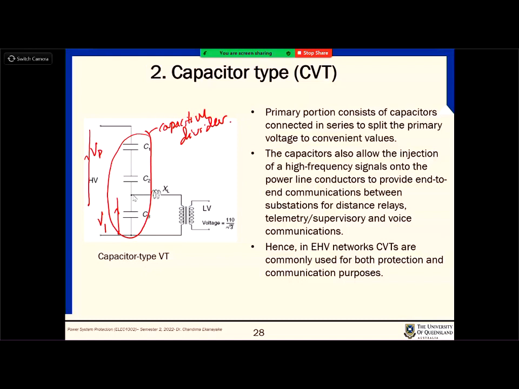Now a smaller voltage applies to this transformer, and then we measure the voltage at the output, right? So here 110 divided by square root 3, the reason is that the line voltage is 110, but what we measure here is the phase voltage, right? This sort of arrangement is very common in extra high voltage arrangements, like above 220 kV, right?